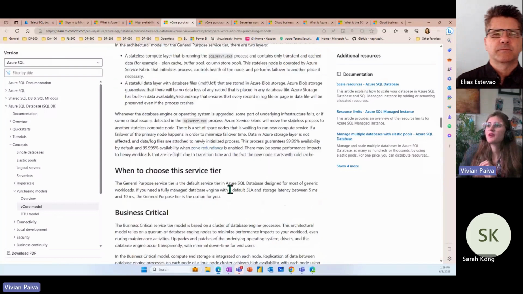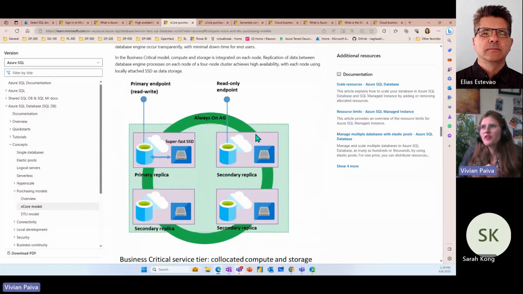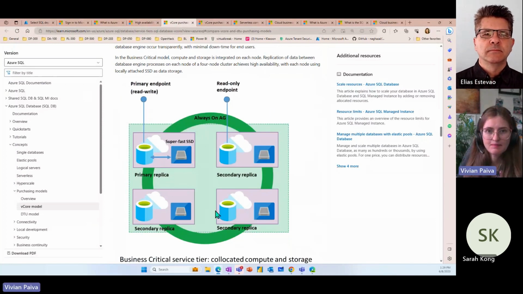If you think, for example, about the architecture of business critical or premium, we provision a business critical database using the infrastructure of an Always On availability group. So when you choose a business critical service tier, what we are doing in the background is provisioning 4 replicas of your database.